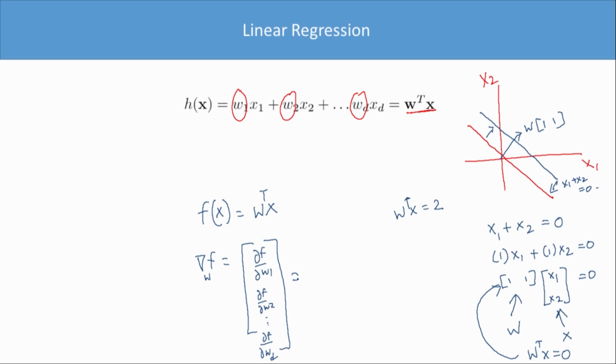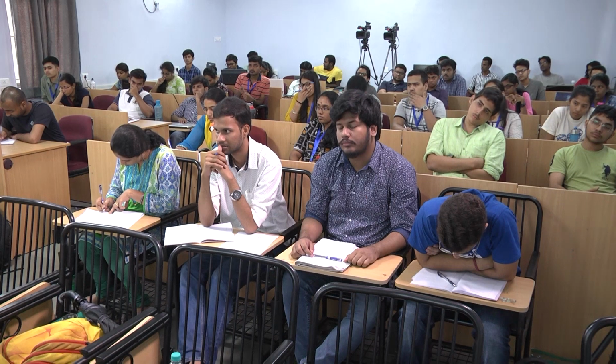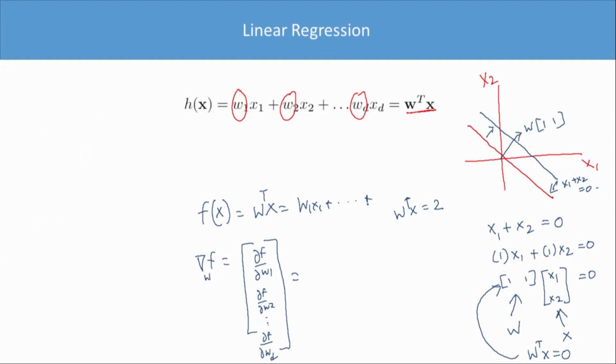What is this vector? So what is W transpose X? By our definition, it's just W1 x1 plus dot dot dot Wd xd. So if this is the case, what is the derivative of W1 x1 plus dot dot dot Wd xd with respect to W1?